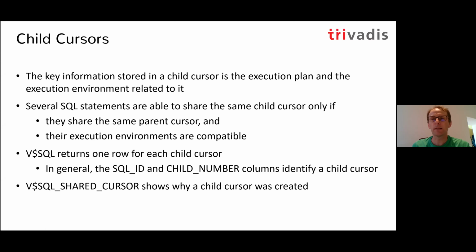So at some point in time, when you have reached the maximum number of child cursors, the engine has to do something to cope with this case. What it does is simply create a new parent cursor that will have the same SQL ID, but it's a different one, stored somewhere else in memory. That's the reason why in some, let's call them extreme cases, you can have several parent cursors with the same SQL ID in the library cache.